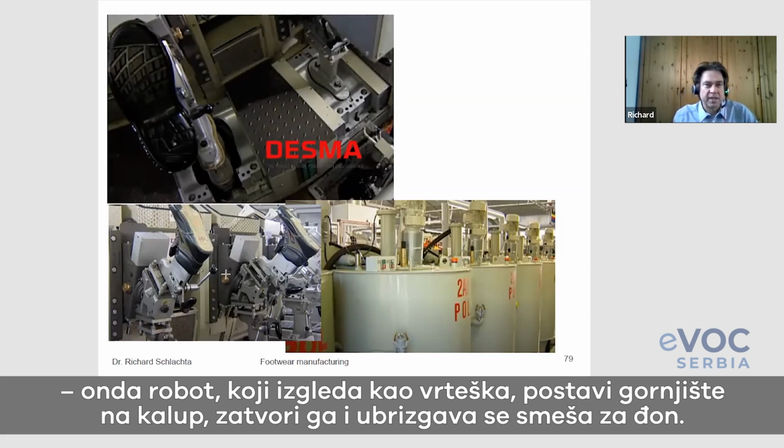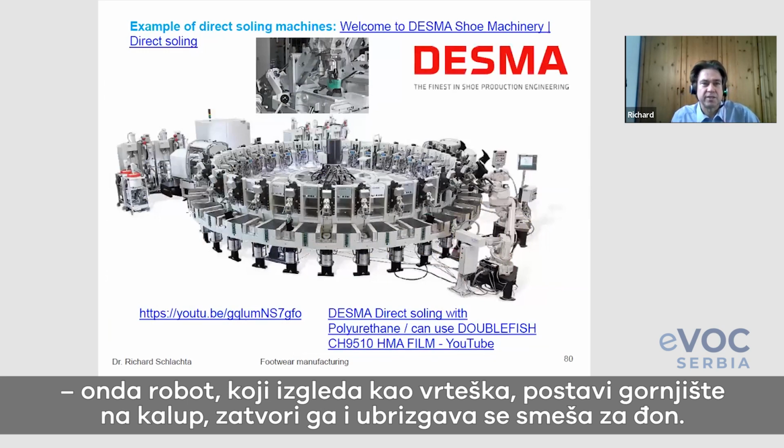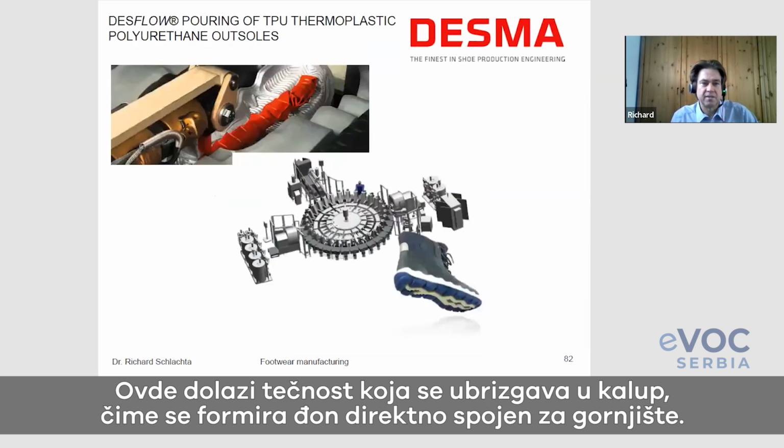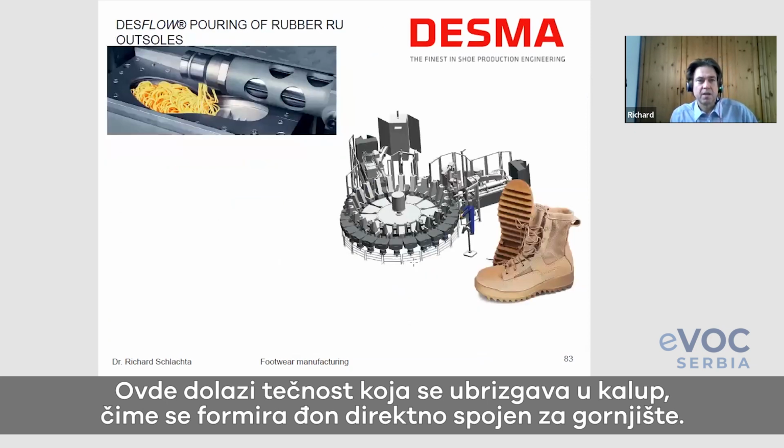It is closed, and then the injection takes place. Here you see it again. The liquid is injected into the form, and it gives an assembly of the sole and the upper.